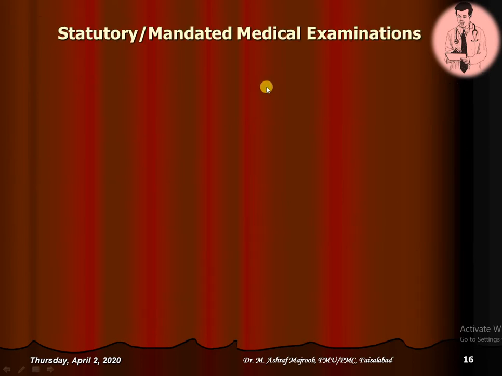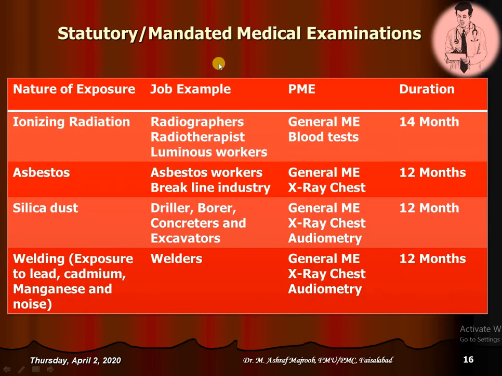Then some medical examinations are demanded by the statutory bodies, and they are mandated under the laws. This is an example. Usually the statutory bodies provide a list of toxic substances where the exposure and the jobs require medical examination.